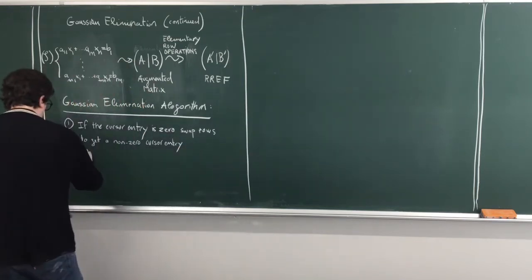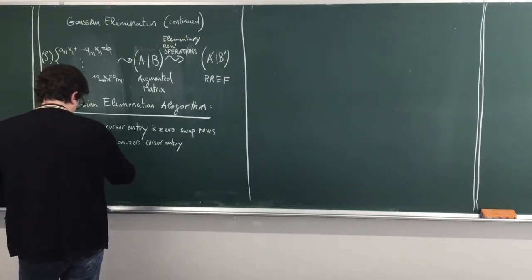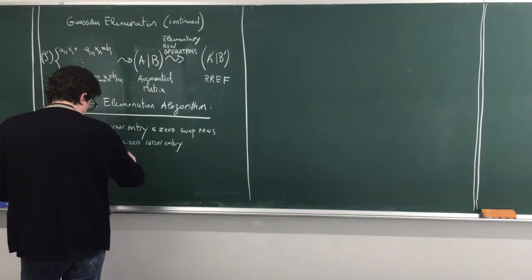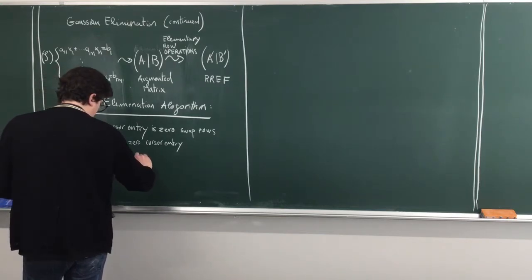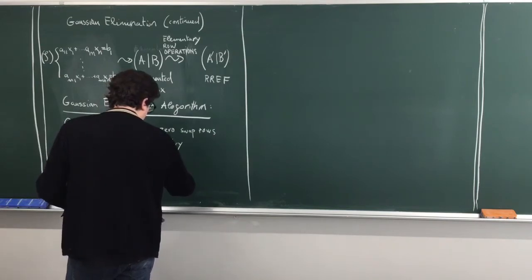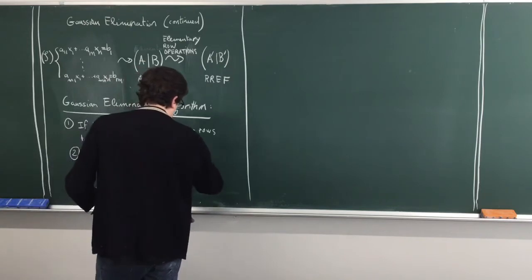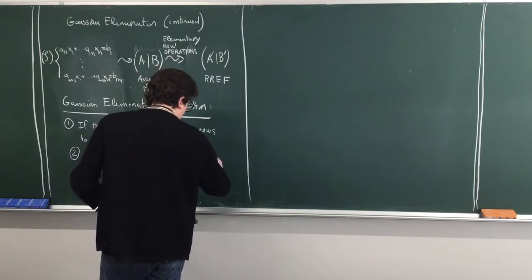This is step one. Step two, we make the cursor entry equal to 1. This is our pivot.